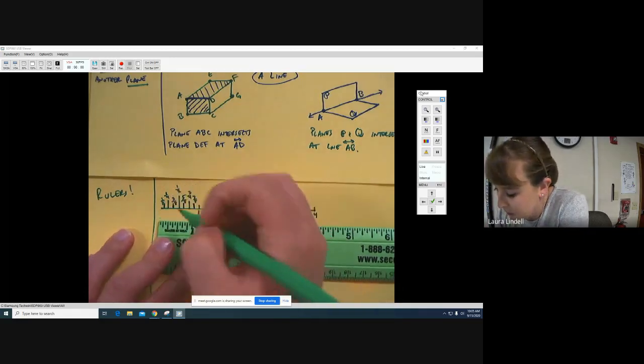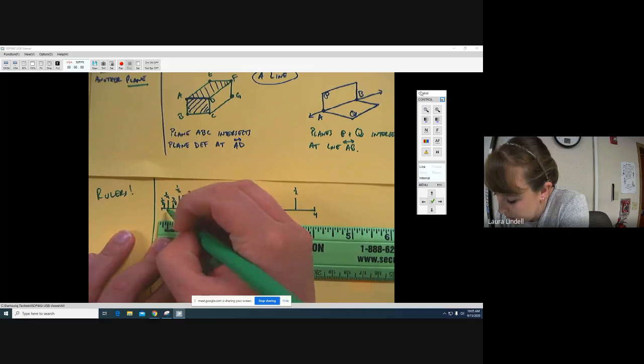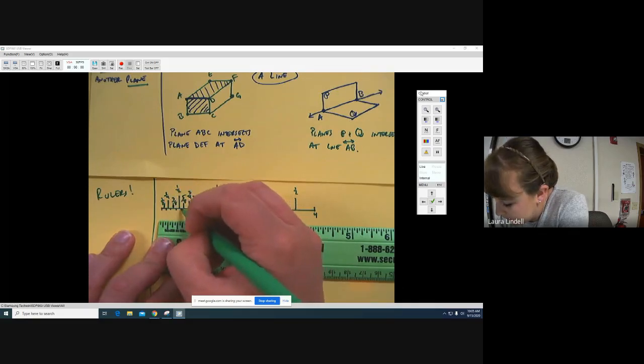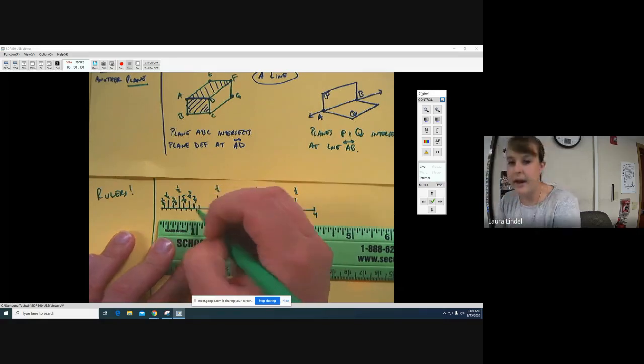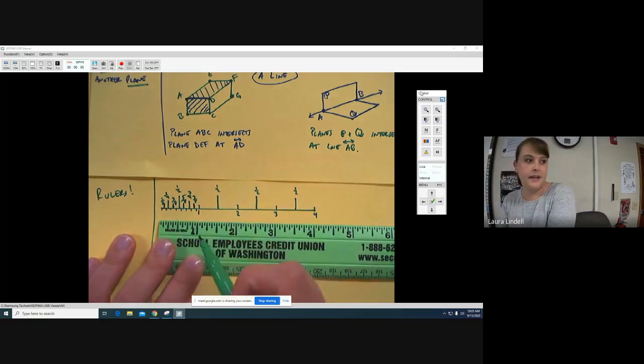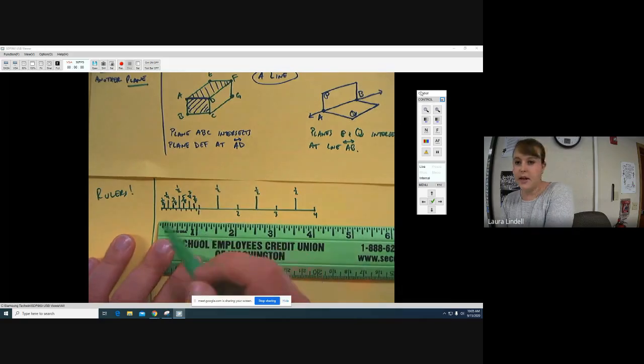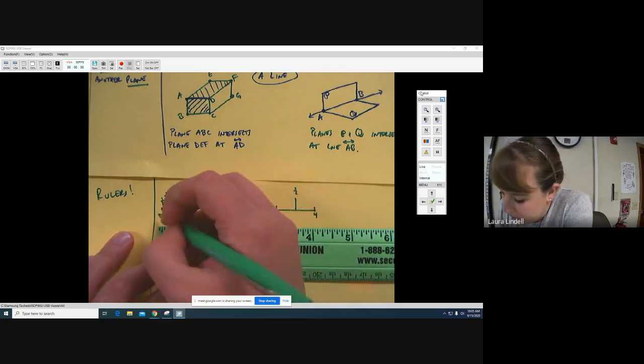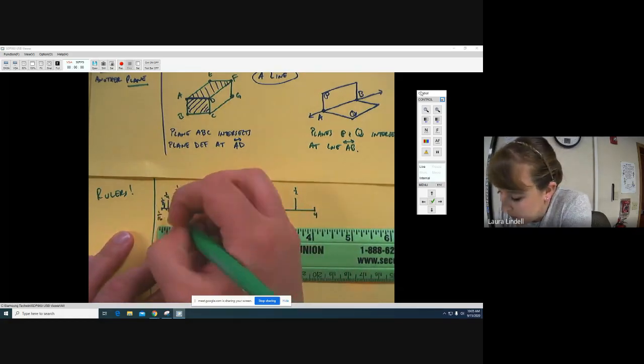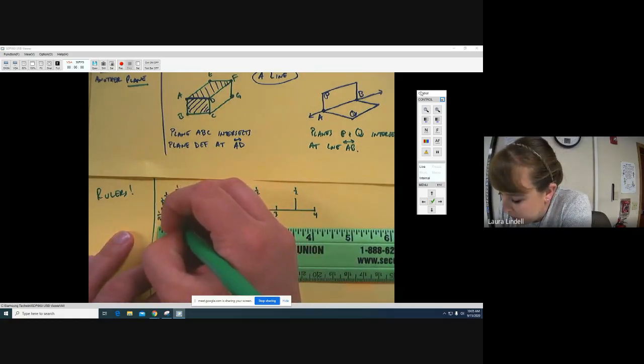I'm going to put these on the bottom side because it's going to get real crowded here. Between each 1/8, there is a 16th. So we're just cutting things in half, cutting them in half again, and so on. So we've got 1/16, 2, 3/16.